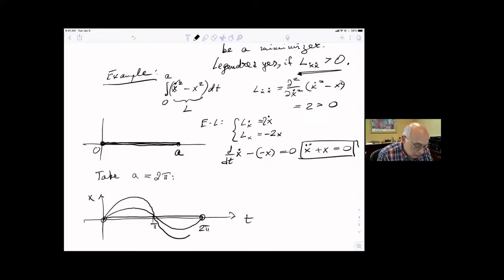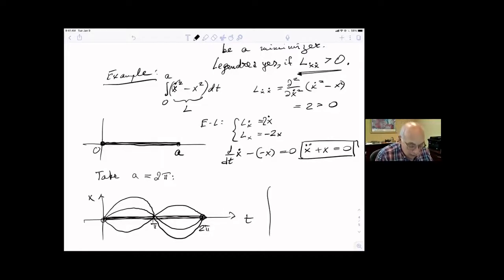So these are different solutions, right? And are they the same length? Yes, it turns out that they have the same length. So certainly this is a minimizer, but it's not a unique one.